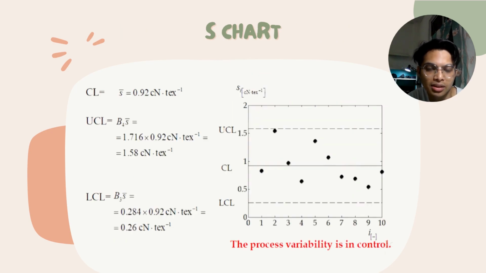For the S chart here, the example shows that the points are all in between the upper control limit and lower control limit, so we can say that the process variability is in control.